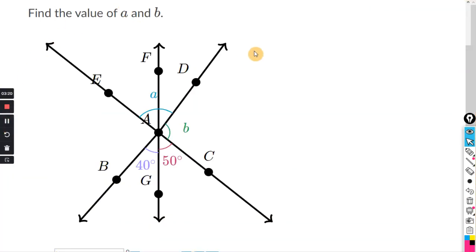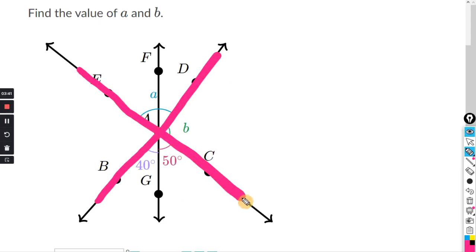Okay, once again, find the value of A and B. So I am going to look for the vertical angles. In other words, I'm going to look for two intersecting lines that make the X shape. I have this right here, and then I have this right here. So that makes the X shape. And I think I made those lines too thick.